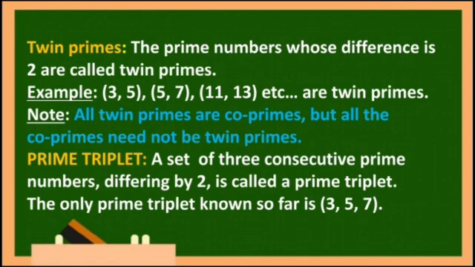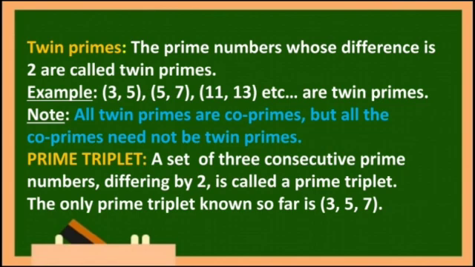In the same way, 5 and 7 are the prime numbers whose difference is 2. So, 5 and 7 are also twin primes. Note that all twin primes are coprimes, but all the coprimes need not be twin primes.